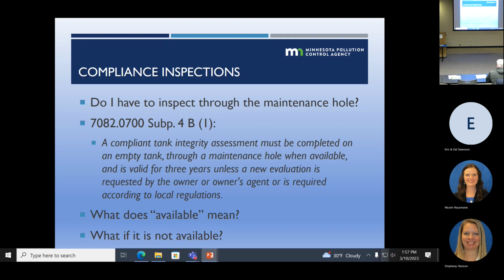Okay? How do they get an empty tank if they don't pump it through the maintenance hole? Remember I asked if there's any maintainers in the room. The maintainers are required to inspect through the manhole, right? We know that. If they get a signed refusal from the homeowner saying, I refuse to allow you to pump through the manhole, usually it's because it's underneath some flower beds or something like that.